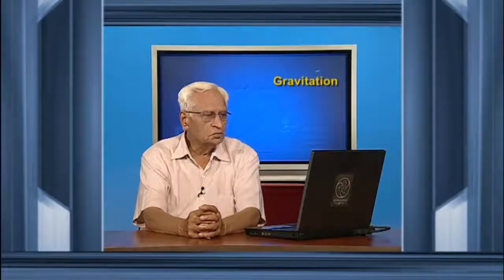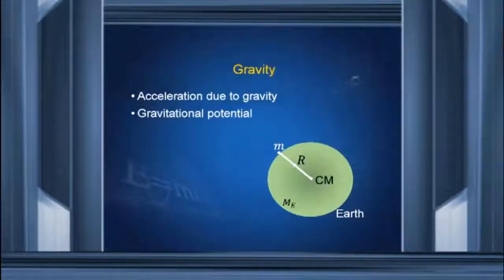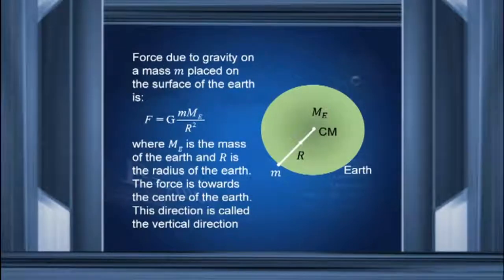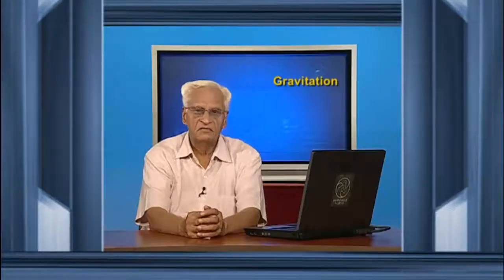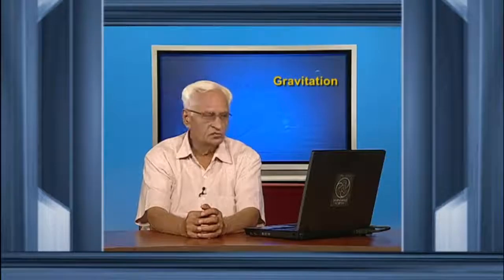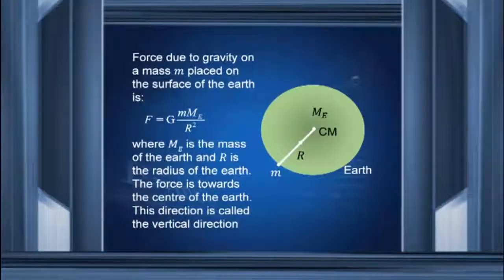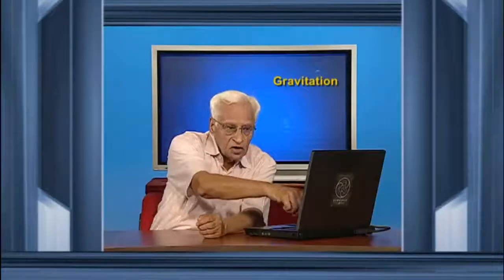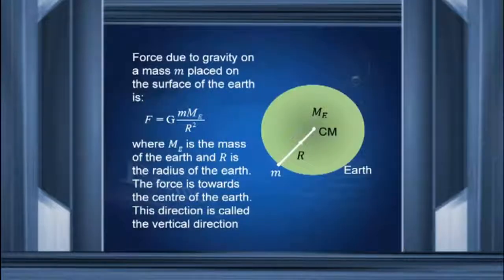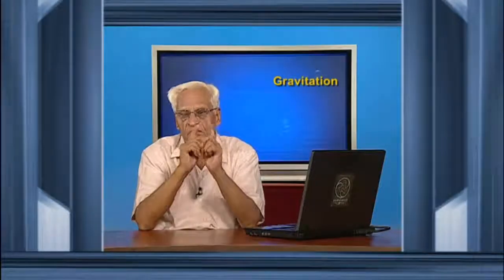The force due to gravity on a mass m placed on the surface of the earth is, as we have seen earlier also, equal to G times m into the mass of the earth divided by the square of the radius of the earth. And the direction in which this force acts, towards the center of the earth, is called the vertical direction. This is important to remember.